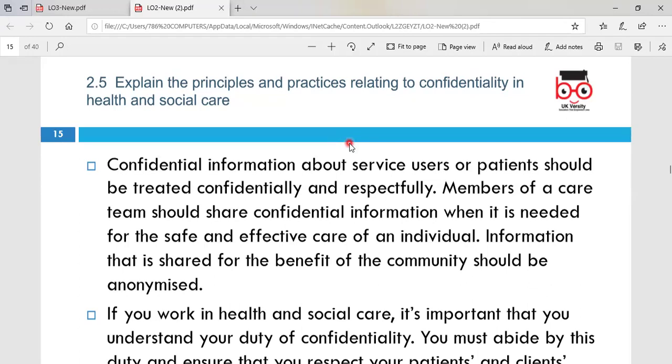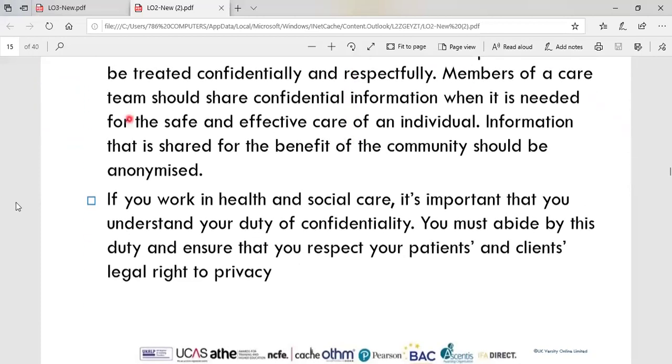Or if it is against the wishes of that patient, then there should be ways to protect that patient and everyone who is around or related to that patient. So information that is shared should be anonymized if it's for the benefit of the community.